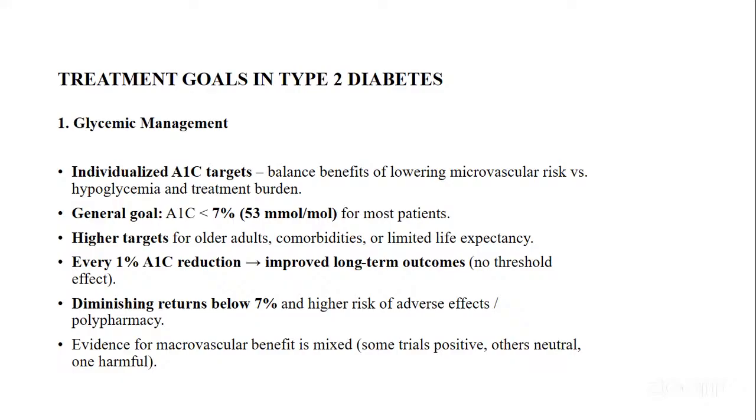Every 1% A1C reduction improves long-term outcome, but below 7%, there is not that much additional microvascular benefit. So we can maintain it less than 7% for younger patients, especially those under 60 years.